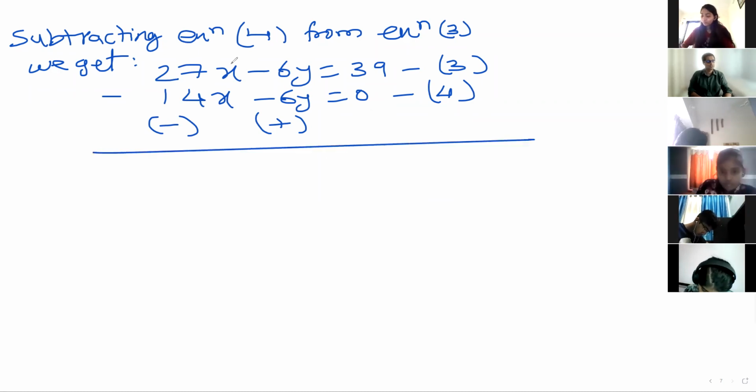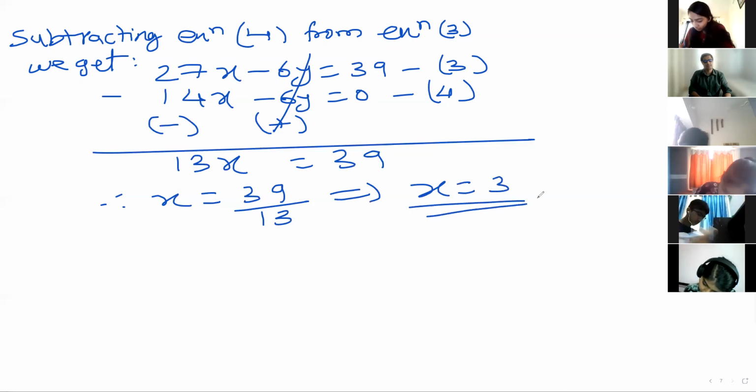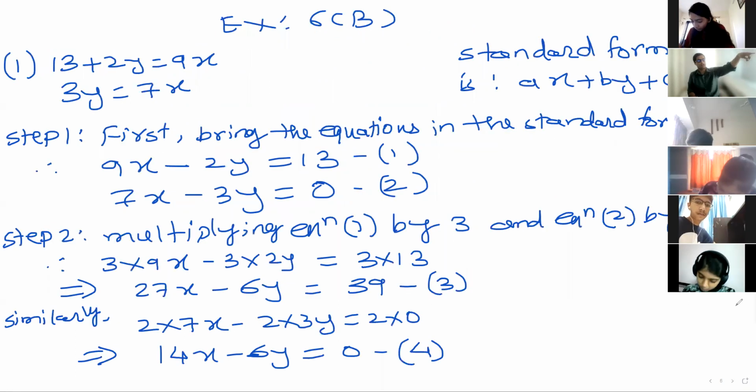So we have 27x minus 14x is 13x, 6y will get cancelled and you get 39. So you get x is equal to 39 upon 13. This means x is equal to 3. Once you get x is equal to 3, you have to use the original equation. I think you should use the second equation, 3y is equal to 7x.